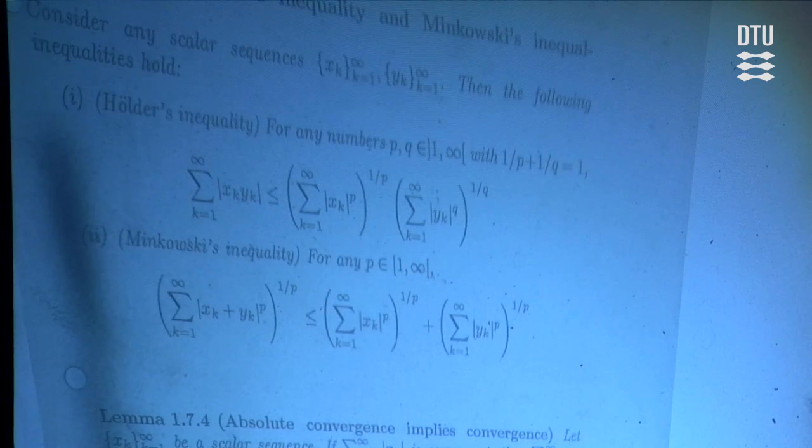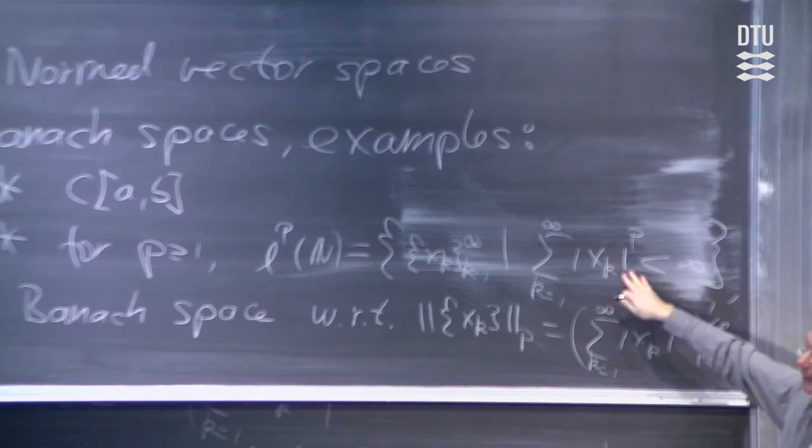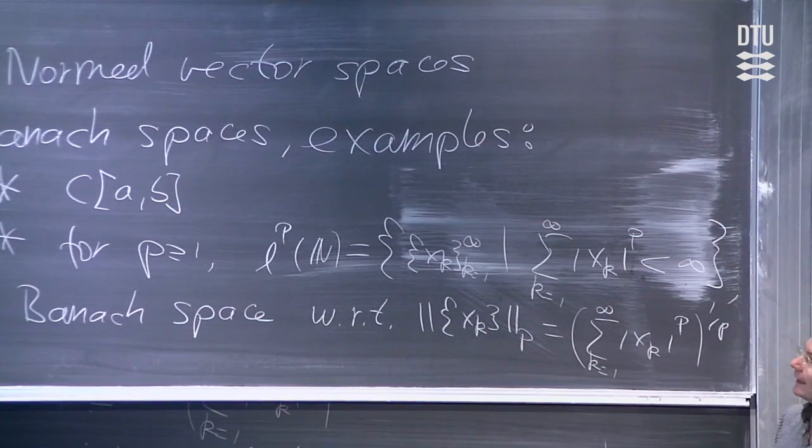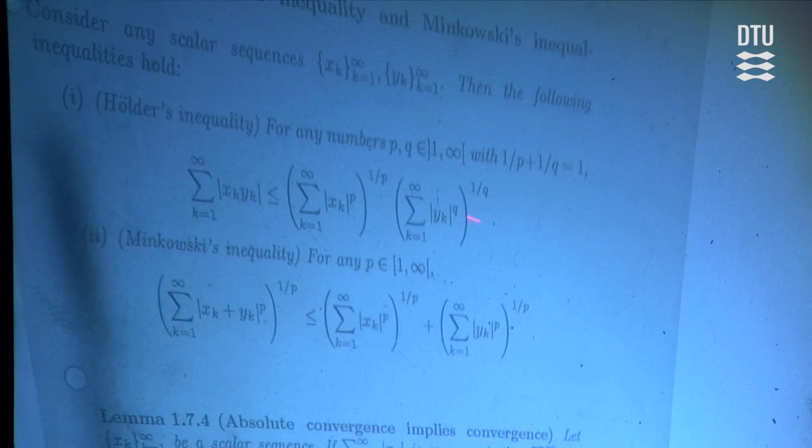That means if we can somehow use this inequality with p equal to 2, then we are happy because then we are back in the space we are dealing with. And the good news here is that we can take p equal to 2 and we can take q equal to 2, and then we get 1 divided by 2 plus 1 divided by 2, which is exactly equal to 1.